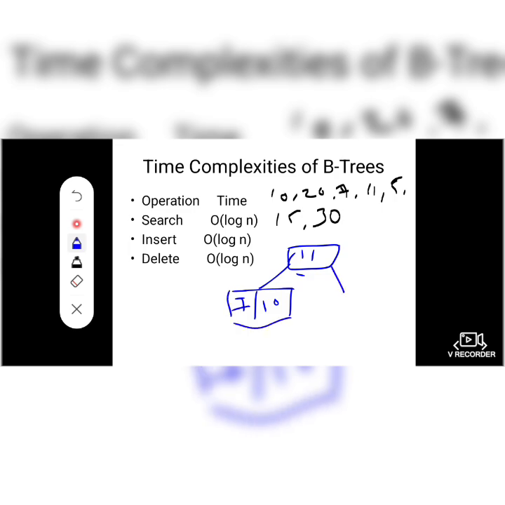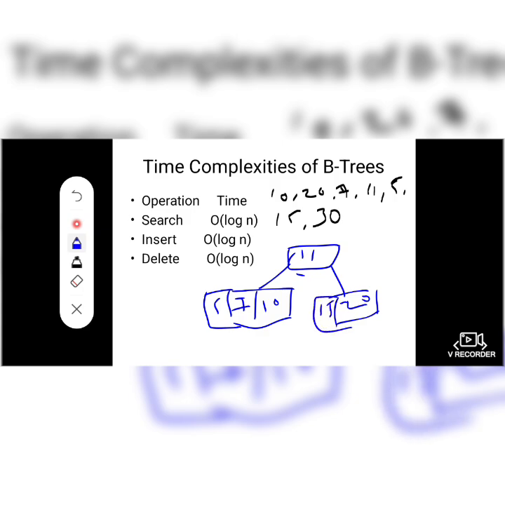And 20 will be on the right because it is a greater number. So like this it is inserted. Next 5 will be inserted here. Next 15 will be inserted here. Next 30 will be inserted here.